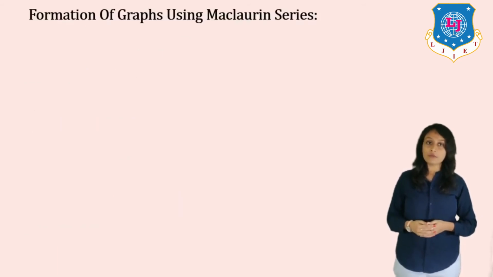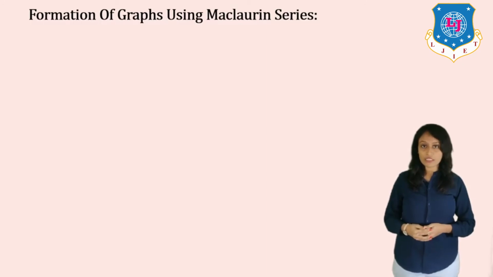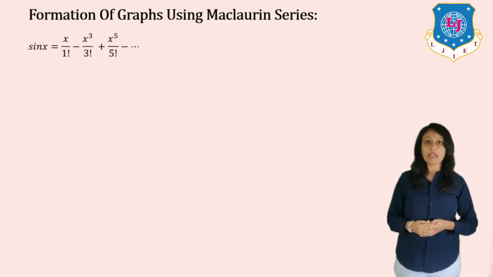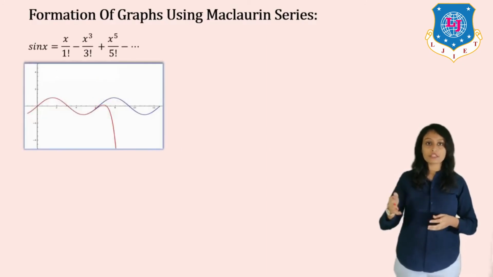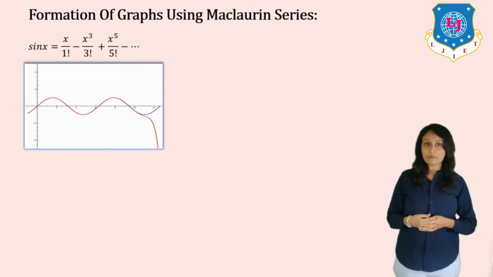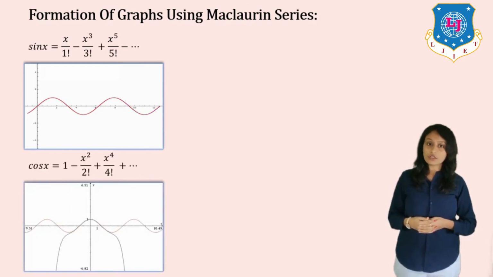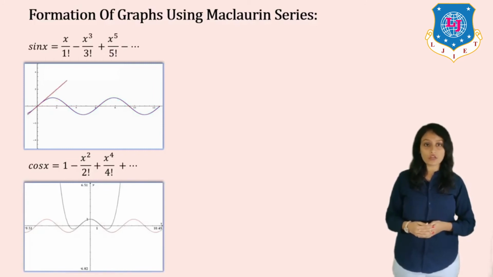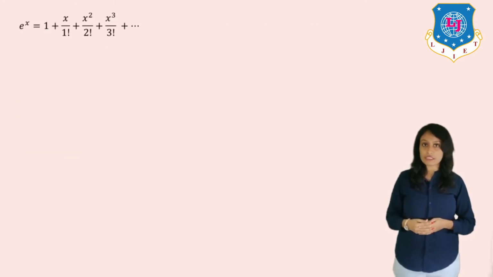Now let's see the formation of graph using Maclaurin series. The first graph is a graph of sin x, which is shown here, right? By adding the terms, we can see the graph of sin x. Similarly find the graph of cos x function. Here you can see the graph of cos x formed using Maclaurin series.